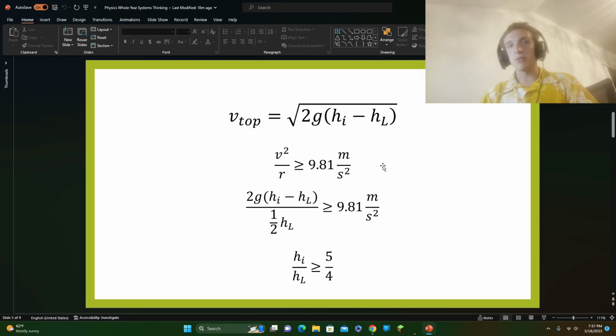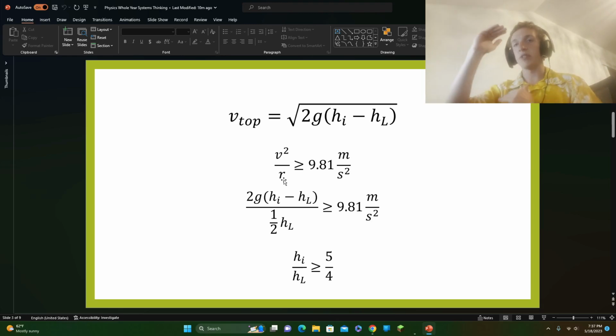And this was found using the formula for potential energy, which is mass times gravity times height, and setting that equal to the formula for kinetic energy, which is 1/2 mass times velocity squared. So plugging this into our equation for centripetal acceleration, the square root goes away when we have v squared. So v squared is going to be 2 times the constant of gravity times the initial height minus the height of the loop, over the radius, which in this case is 1/2 the height of the loop, because the height of the loop is just the diameter of the loop.